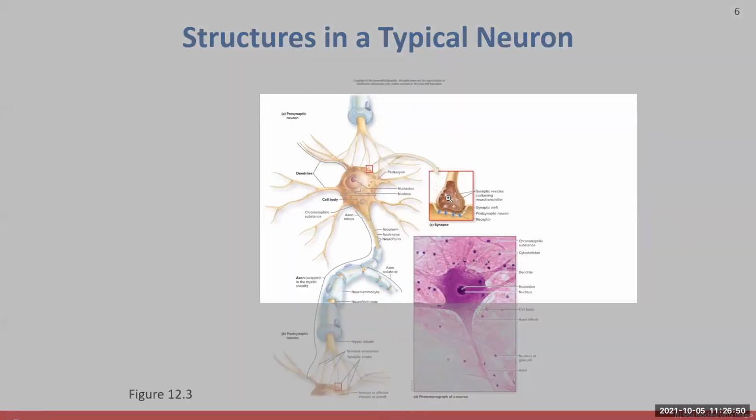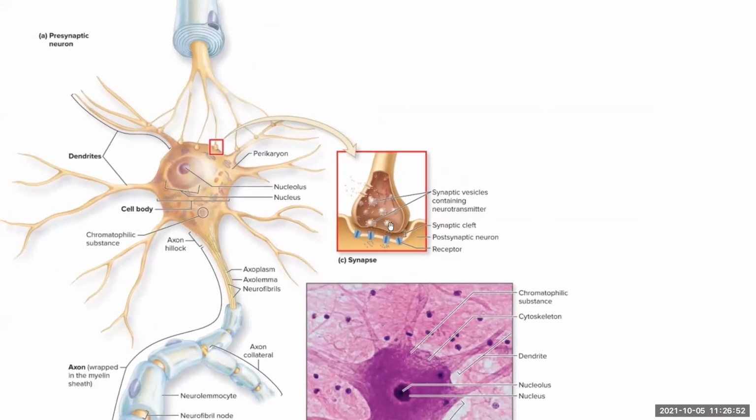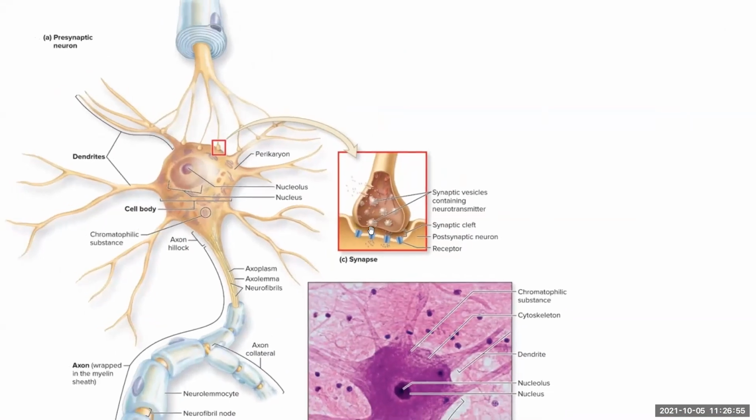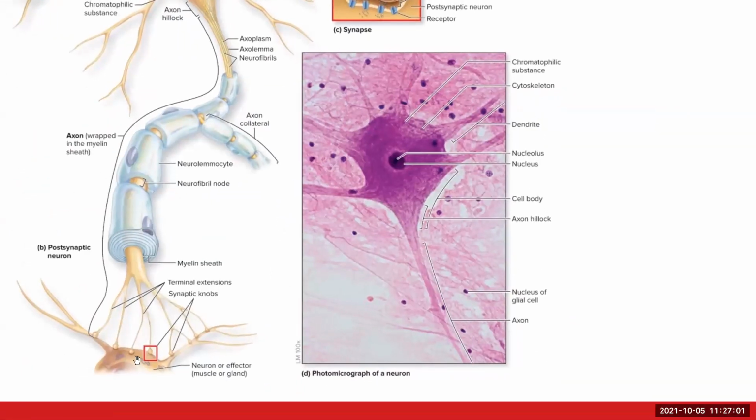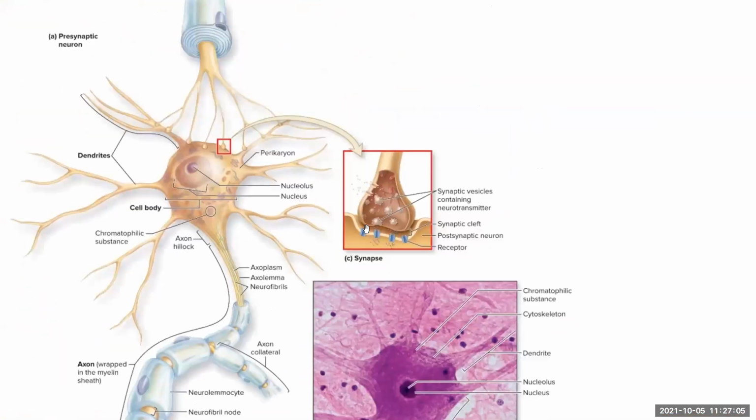So you can kind of see here where this synaptic knob comes in close contact with the effector or neuron here. And so there's a small gap in between the synaptic knob and the other neuron or effector. That's called the synaptic cleft.